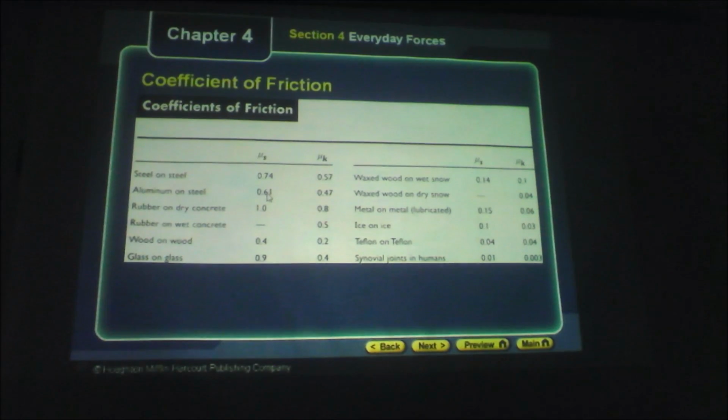Notice again, aluminum on steel is higher statically than it is once it's in motion. Rubber, pretty close together there. Rubber on wet concrete, virtually non-existent versus 0.5, and so on. Notice it's always higher, then lower.